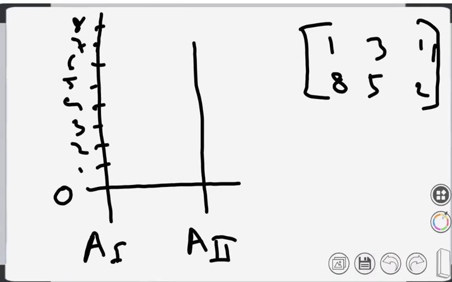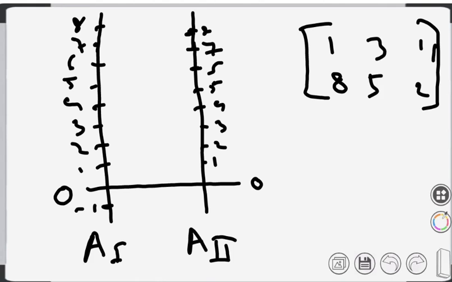This middle line is the 0 line. So this side 1, 2, and again this side also 1, 2, 3, 4, 5, 6, 7, 8, and below it's -1.